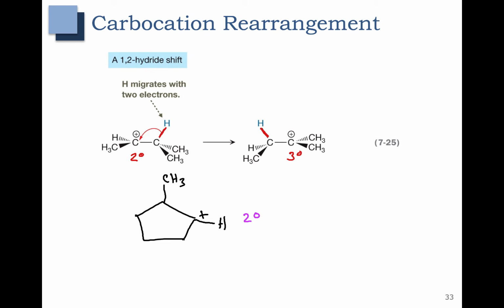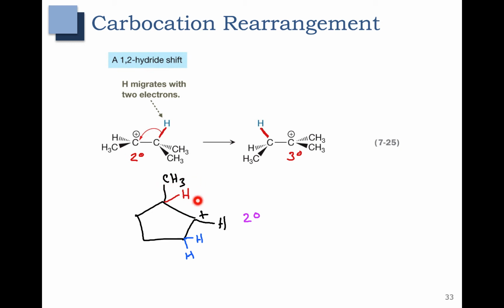With a carbocation rearrangement, they can't be too far away. They can only be 1 carbon over. So we have to look at the hydrogens here and the hydrogens here. If that red hydrogen moves, we're going to form a tertiary carbocation. But if the blue hydrogens move, that's going to give us a secondary carbocation. We already have a secondary carbocation, and we want to form a more stable carbocation.